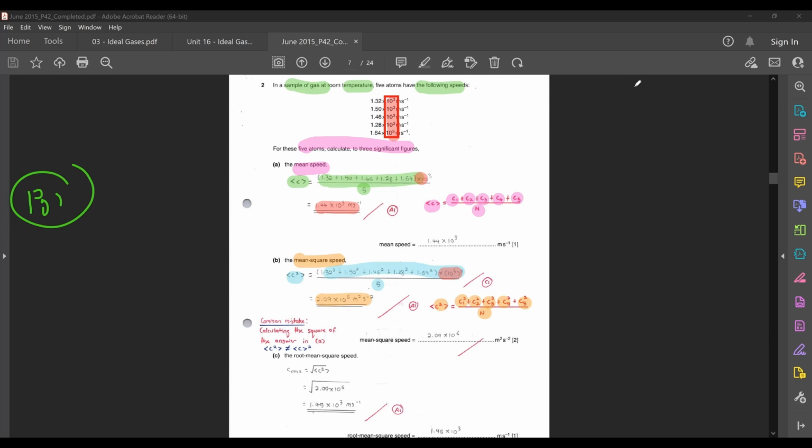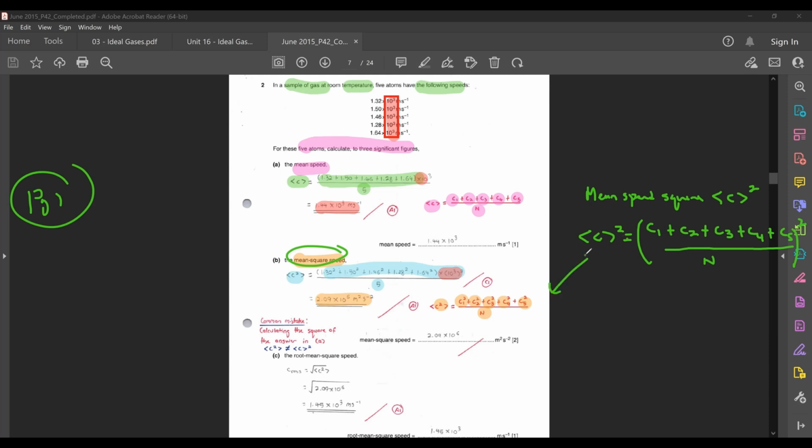Okay, now if you're asked to find mean speed square, which is different from mean square speed, mean speed square is C bar squared like this. To find that value, it's actually C1 plus C2 plus C3 plus C4 plus C5 divided by N, and then square.